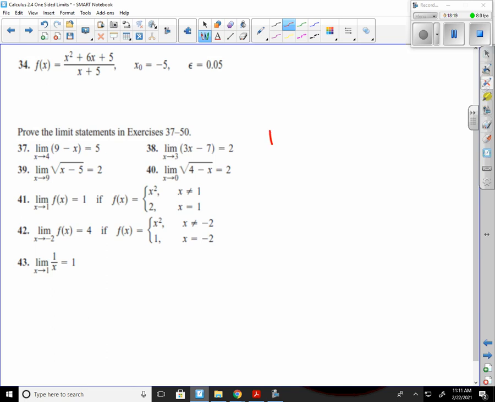So I'm just doing the absolute value of my function, which is 9 minus x, and then minus my limit, which is 5, and that's less than epsilon. And I'm looking for my limit as x approaches 4, so that would be x minus 4, with my x not being 4.